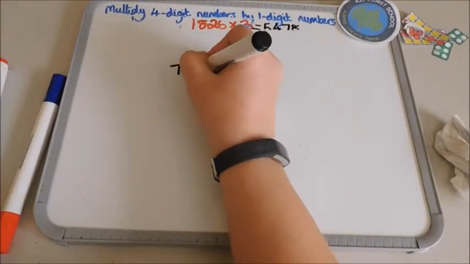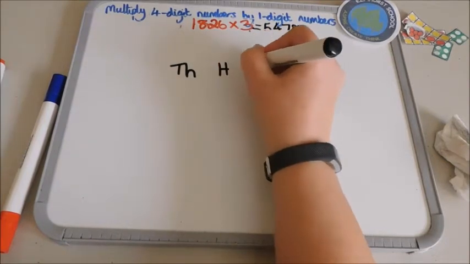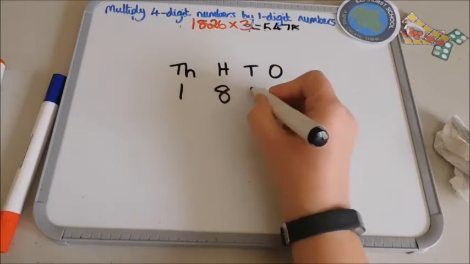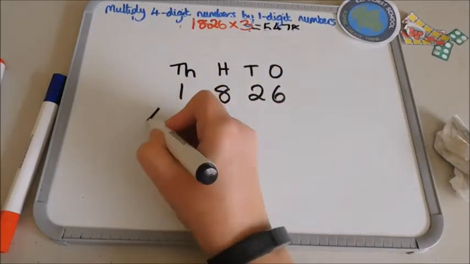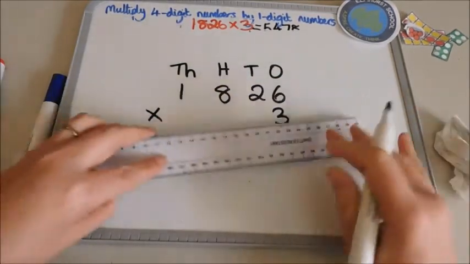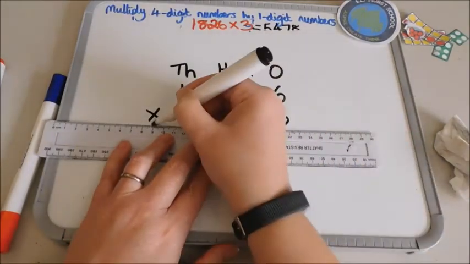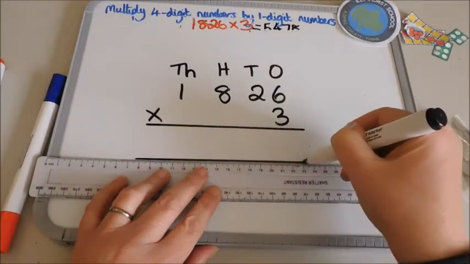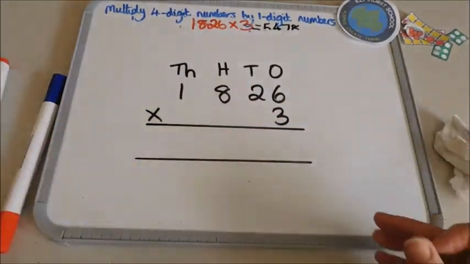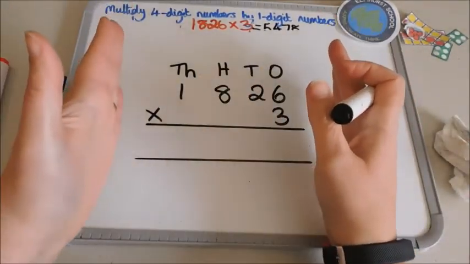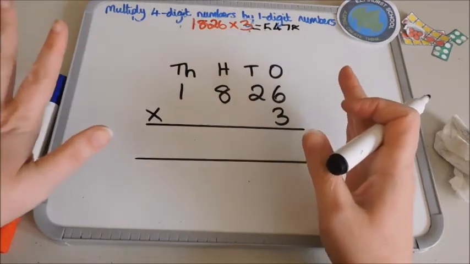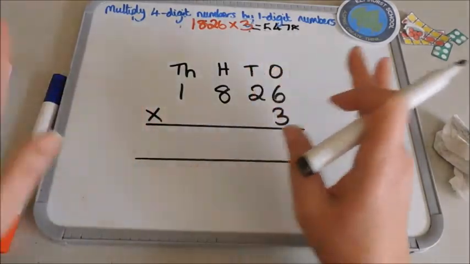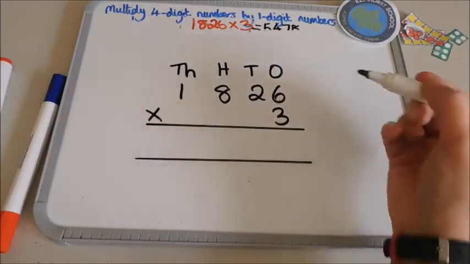So if need be, we can put the column headers so the children are not confused. 1,826 multiplied by 3. Now, for those children who are not 100% confident with this method, we would do the place value method at the same time as doing this. So they've got the two side by side, okay?